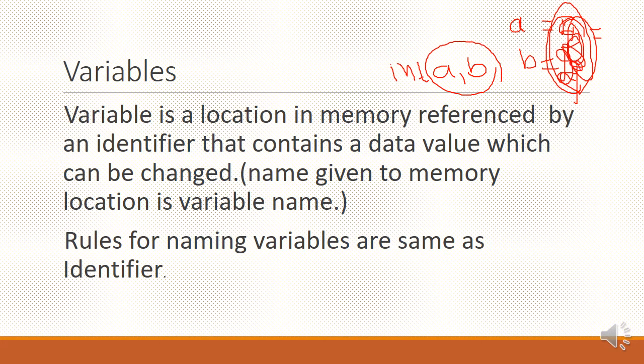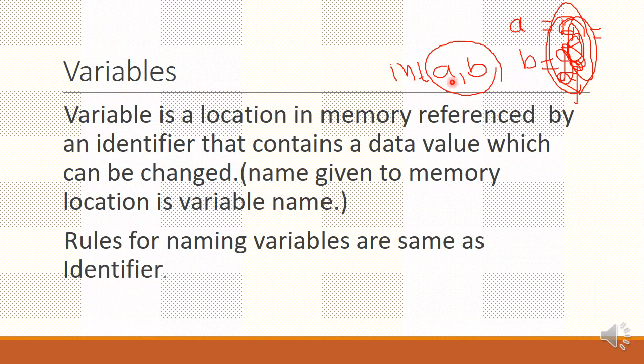Okay, so go through what is given here. A variable is a location in memory referenced by an identifier that contains a data value which can be changed. The name given to a memory location is the variable name.